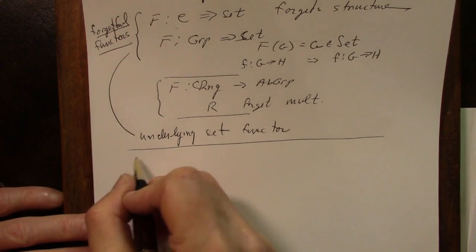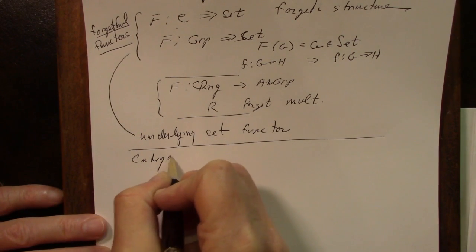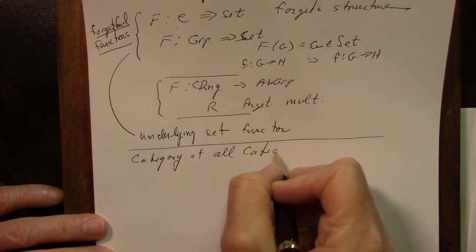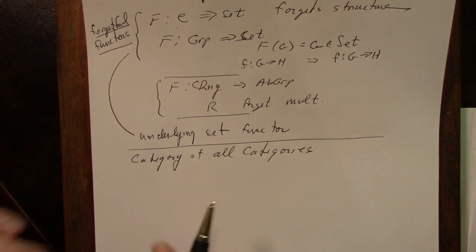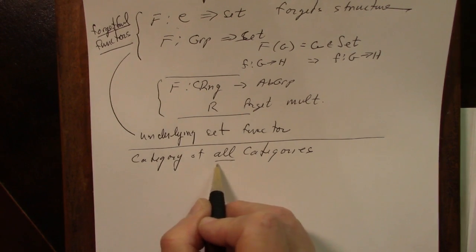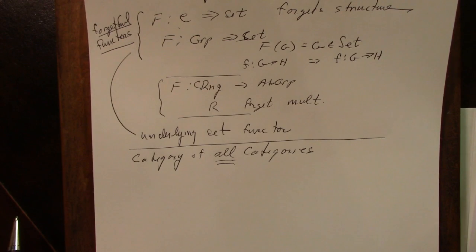What about the category of all categories? Now that we have functors, which are morphisms between categories, can we not think of the categories as objects of a big category and the functors as morphisms? Well, yes and no. We get into a little problem here with the foundations because of the word all categories.